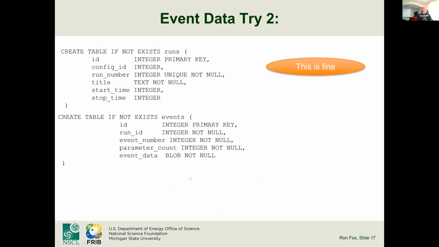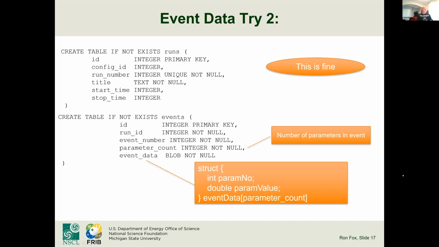And then we put the event data in this blob, which just contains an array of structures that look like this: the parameter number and the parameter value. So what we've done is compress the multiple rows that were required to describe an event into a single row.